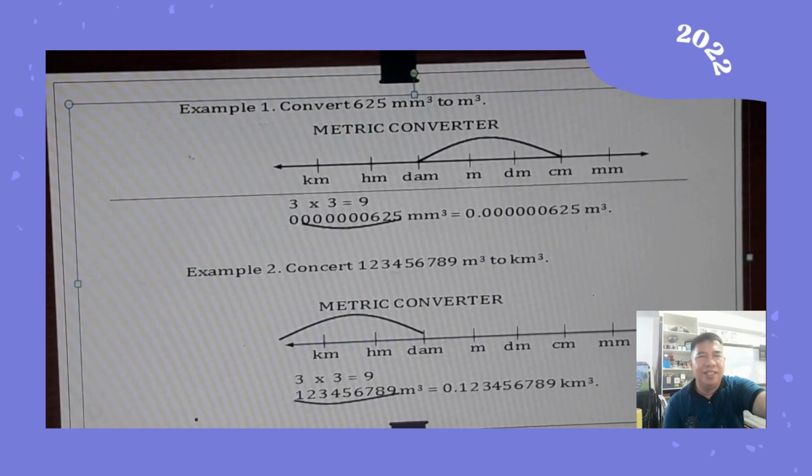So the point is right after 9. If we move to the right 9 times, the point is right after 1. So the corresponding value in kilometer is 0.1234567 cubic kilometers.